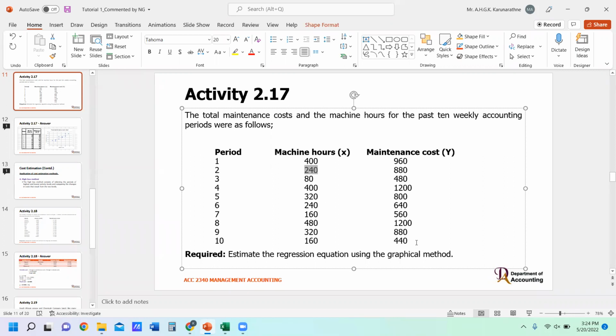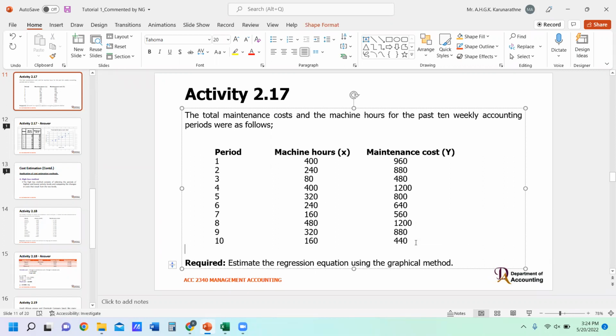Let's assume we are planning to operate the machines for 450 machine hours. So what would be the maintenance cost in the 11th week? This is what we want to estimate.